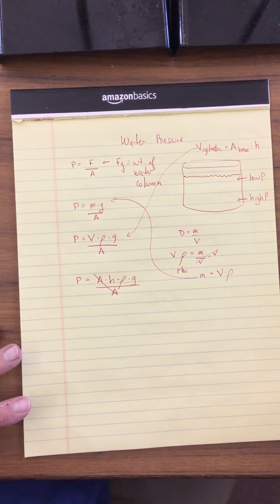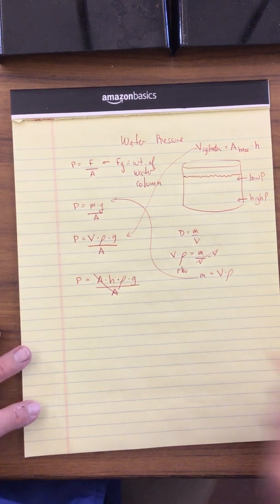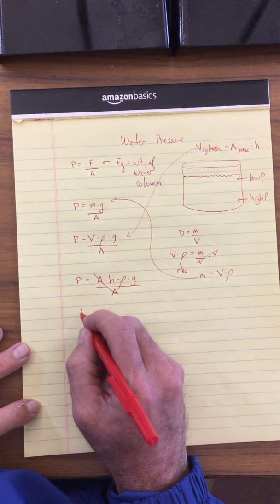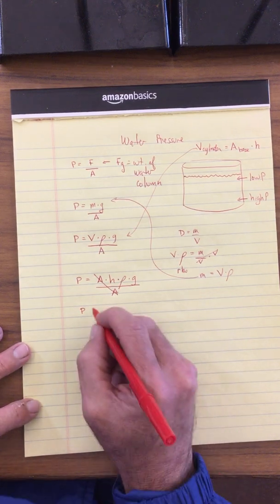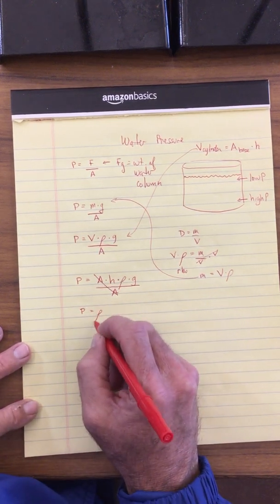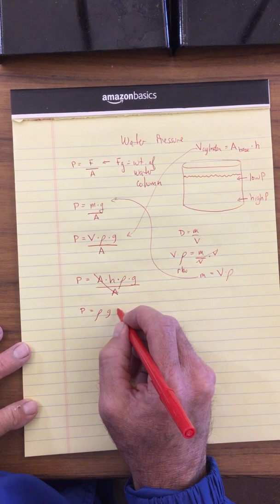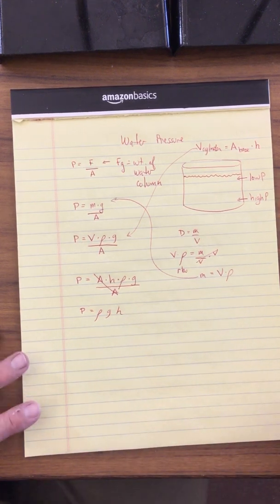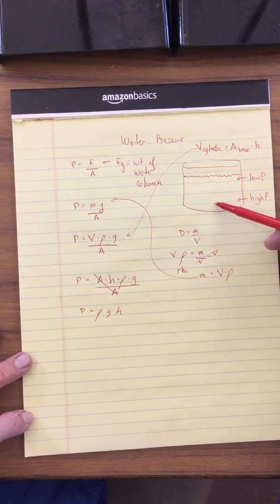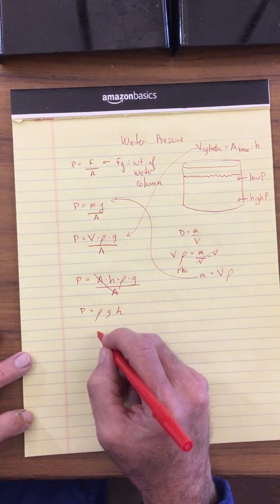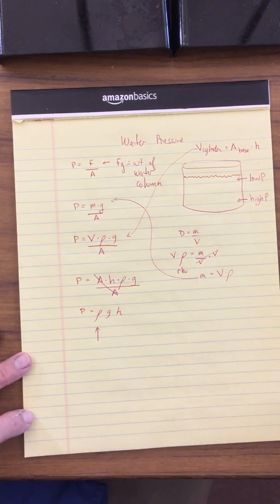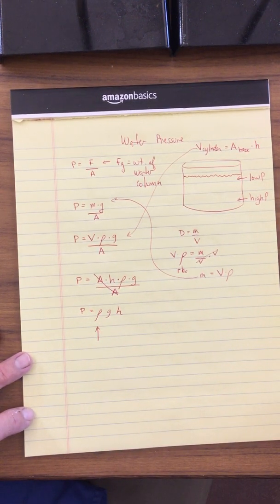So what is pressure really based upon? Let's put this in the final form which you're going to be seeing it. It's going to be equal to rho g h. The pressure that you experience at the bottom of a pool is dependent upon the density of the material. The denser that the material is, the more pressure that there'll be.